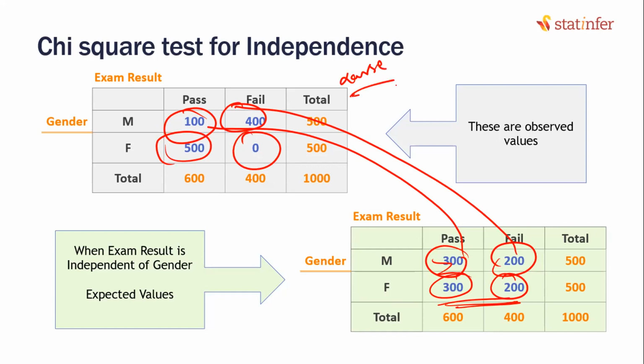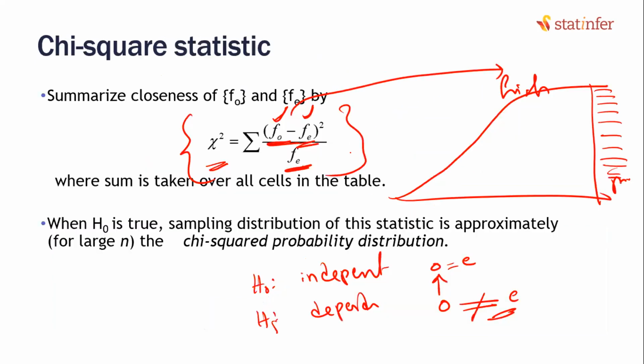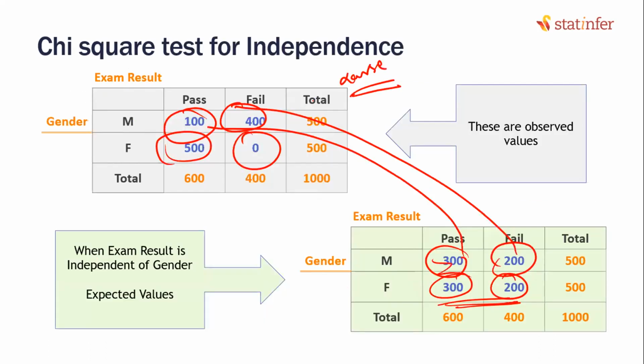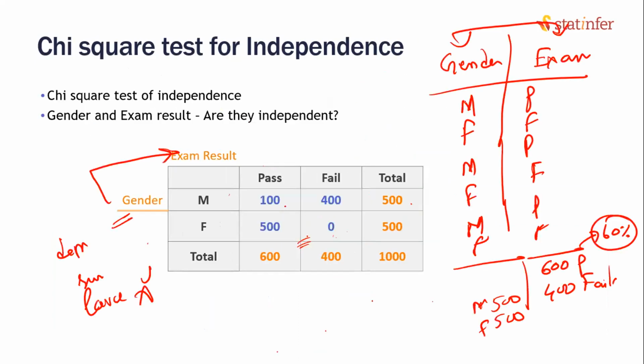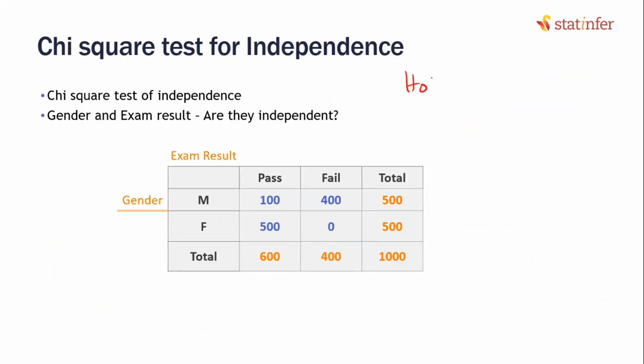Once again, if the chi-square value is large, that means your expected and observed are very different. In terms of testing of hypothesis, what will you test? Your H0 is independent, your H1 is dependent. Are you going to accept the null hypothesis if this is the value, or reject it?